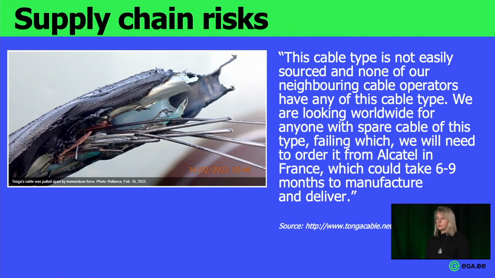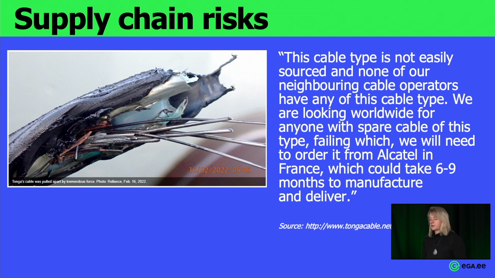Let's look at the other type of threats and attacks. In today's world, this supply chain risk is growing. And what does this supply chain risk mean? I think in the Tonga case, it's quite easy now for you to understand.